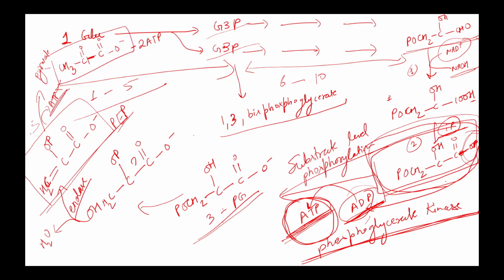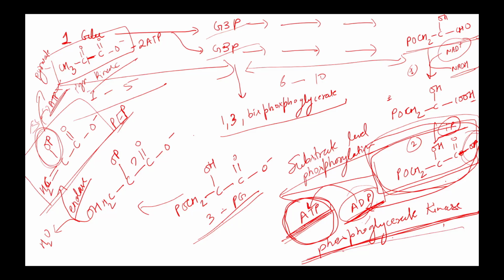This is another substrate level phosphorylation happening from the substrate phosphoenol pyruvate, and the enzyme involved in this step is named pyruvate kinase. So in steps 6 to 10 we have two substrate level phosphorylations, and the enzymes involved are phosphoglycerate kinase and pyruvate kinase.